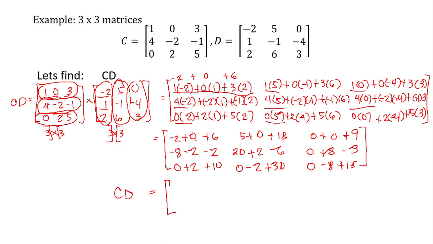Negative 2 plus 0 plus 6 is 4. 5 plus 0 plus 18 is 23. 0 plus 0 plus 9 is 9.